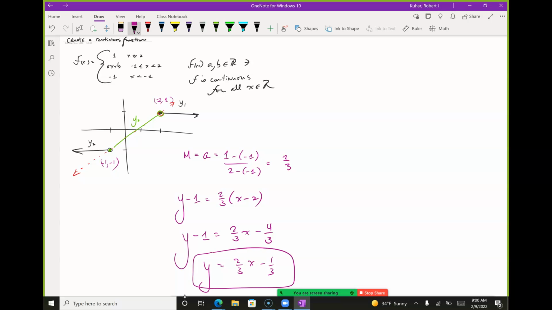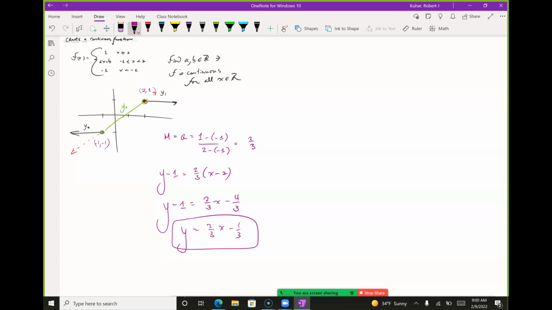Finish your line and then make sure we get the same thing. Noel and Jesse T, you lost your cameras. Anybody else get a b value there of negative 1/3? Yes, thank you, Caitlin.